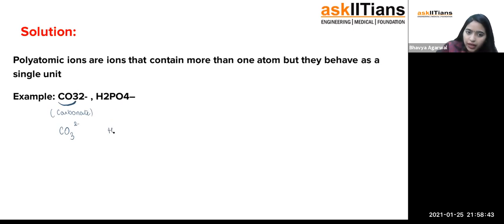Same way, H2PO4, this is a polyatomic ion with a charge of -2. Right? You can take any example in this, which are given in your books like nitrate, nitrite, sulfate, sulfite, carbonate, bicarbonate, etc.